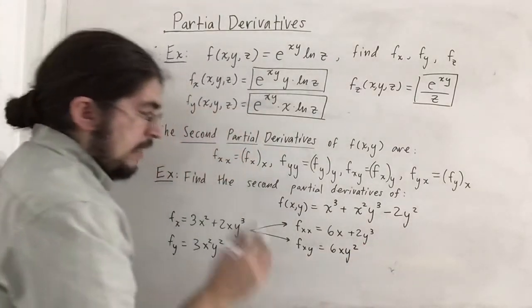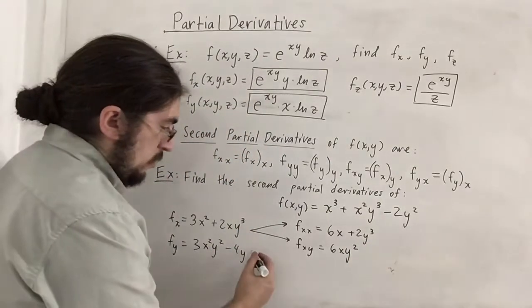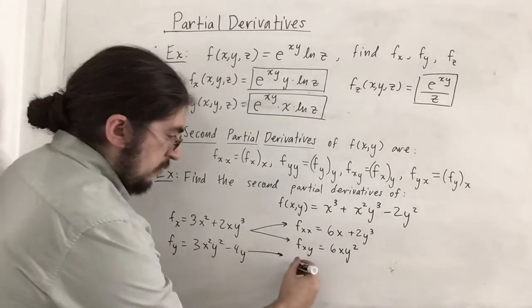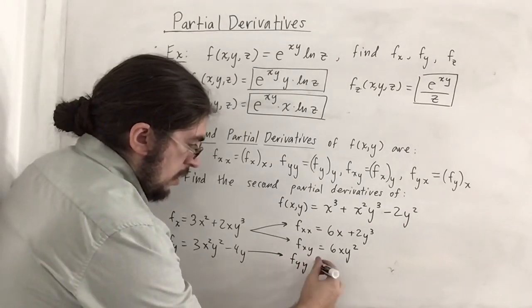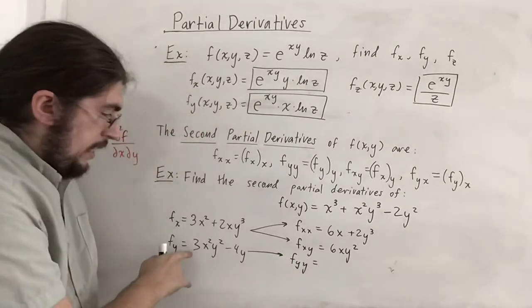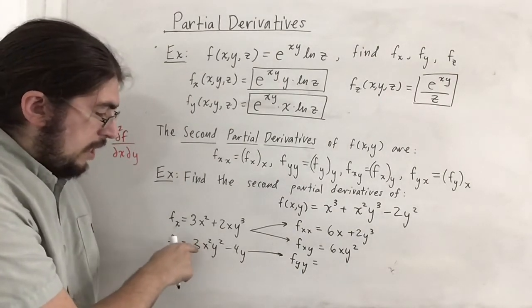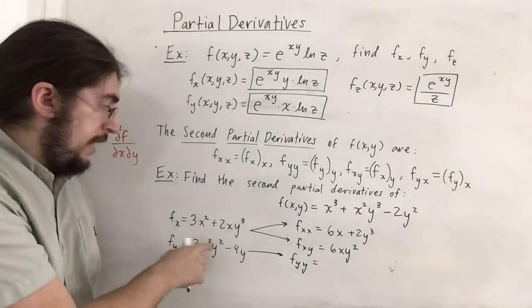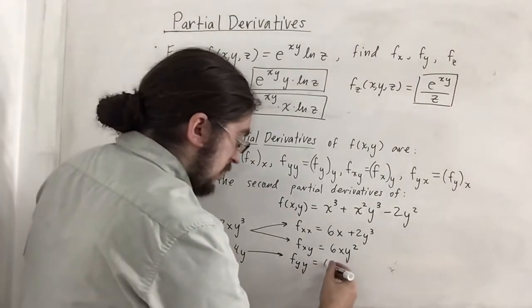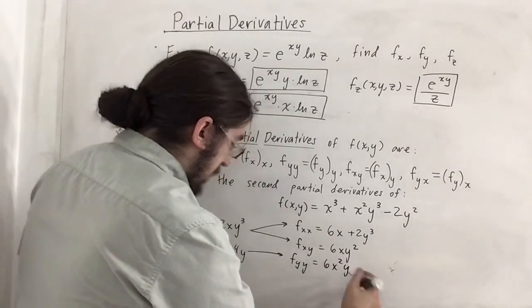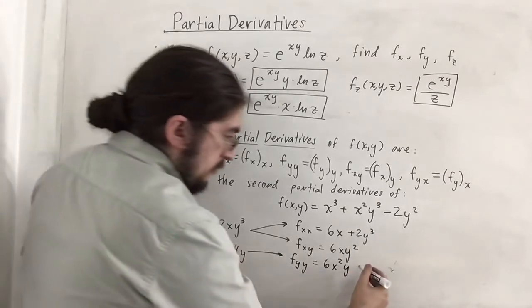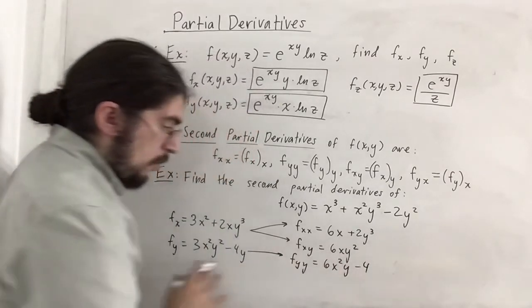Perfect. And now, similarly for this one, its derivative with respect to y is, let's see, so again, 3x squared here is a constant, derivative of y squared is 2y, multiplied by 3x squared is 6x squared y. I think that makes sense. Derivative of 4y is just 4, so it's negative 4, with respect to y, remember.